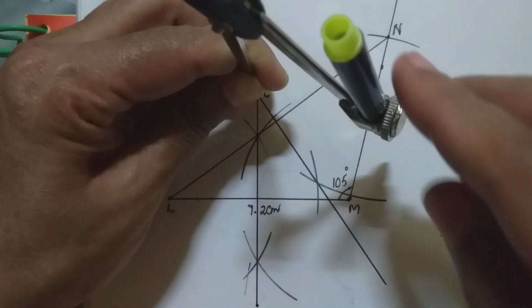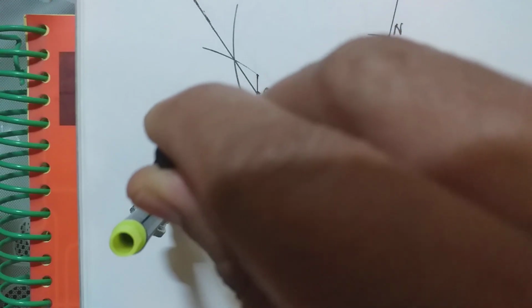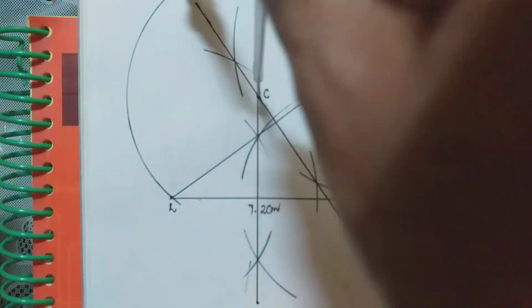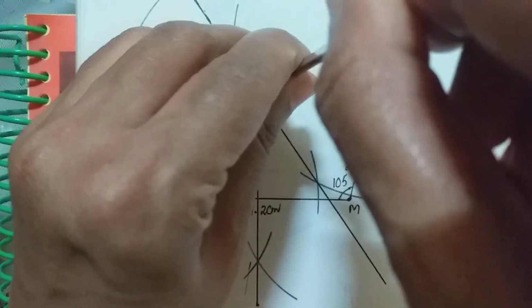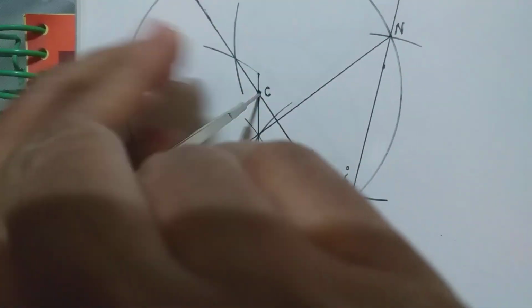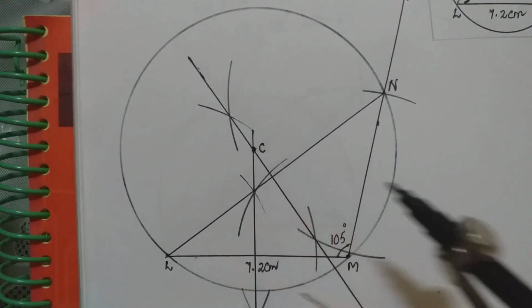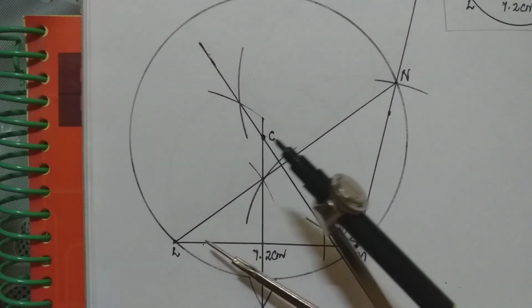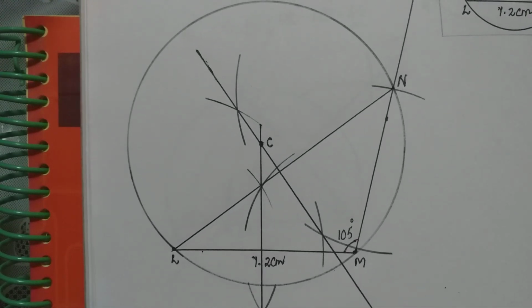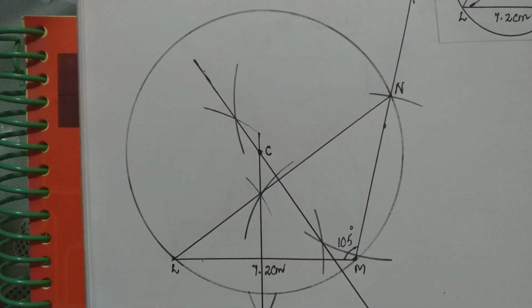Then we see whether the same distance is to the point M and then to the point L. And once we know it passes through all the three vertices, then we will draw the circumcircle. So now we see that this circumcircle is completed. It is passing through the three vertices, that is L, M and N. A circumcircle has to pass through all the three vertices of the triangle.